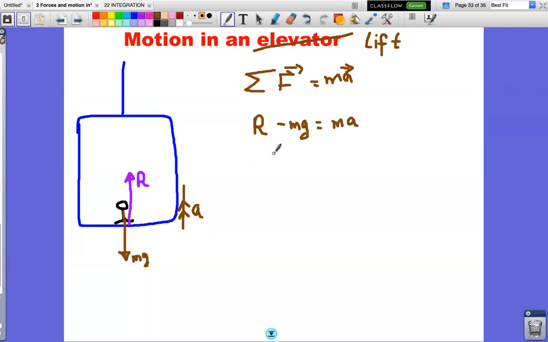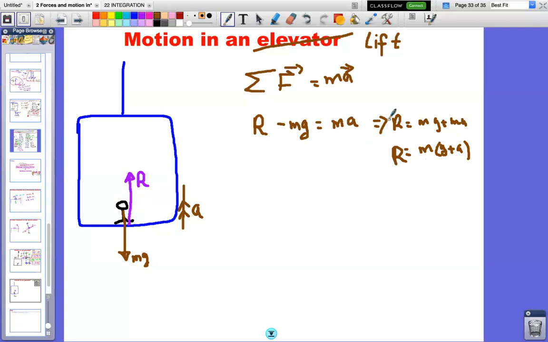From here, you can calculate your normal reaction. So R will be mg plus ma, which is m(g plus a). If the lift is accelerating upward, that is the value of the normal reaction.